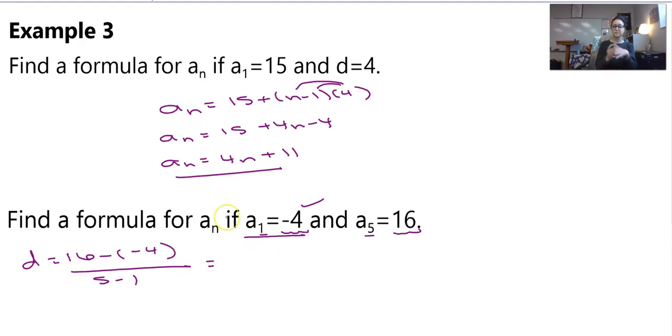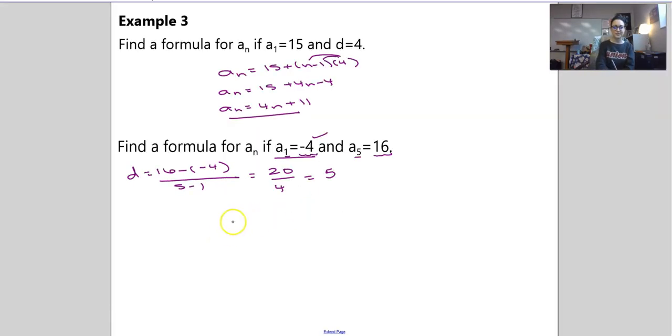So I span a distance from negative 4 to 16, that's a distance of 20, right? And then I've got 4 skips, so d, 20 divided by 4, will be 5, right? So my general formula looks like this.